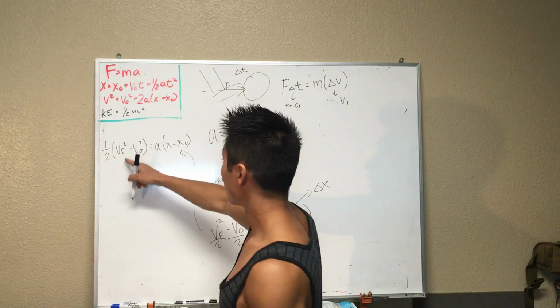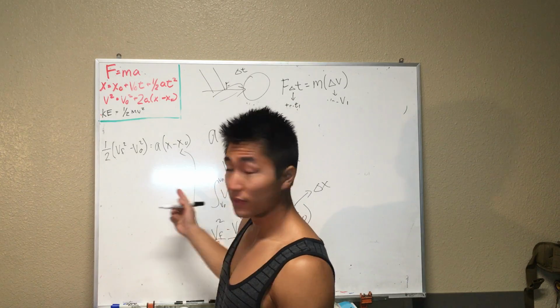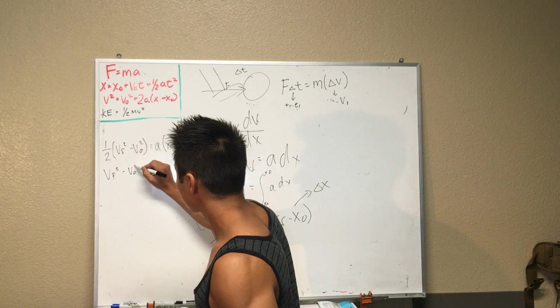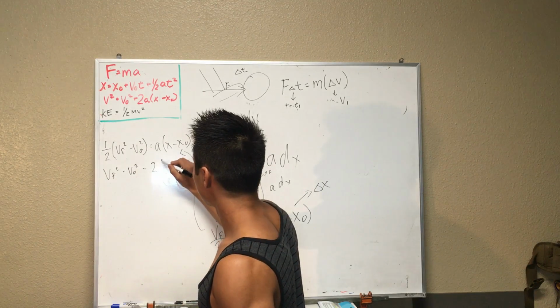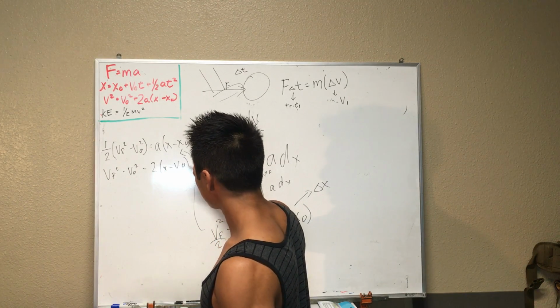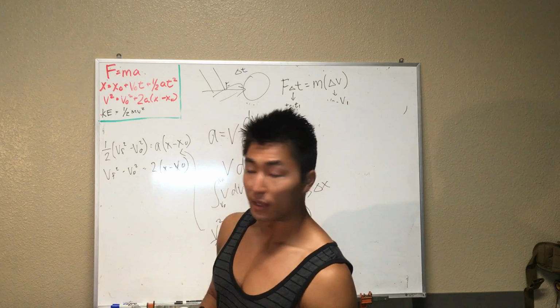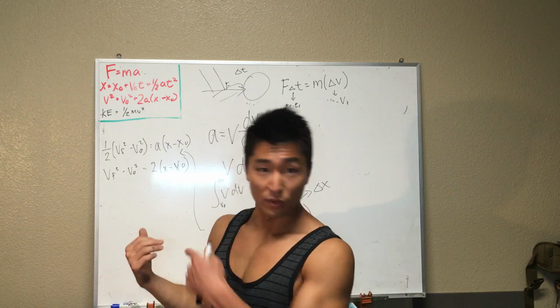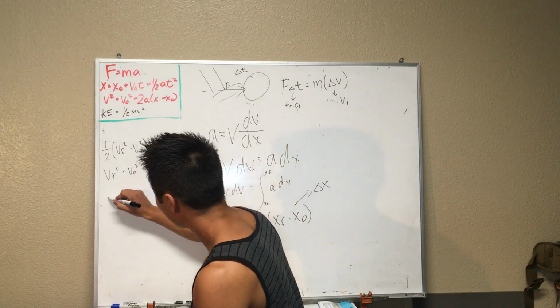Then we bring 1/2 over on this side. Then we have v squared equals v naught squared plus 2 times x minus x naught. Then finally we bring the v naught over into the other side, and we have our final equation.